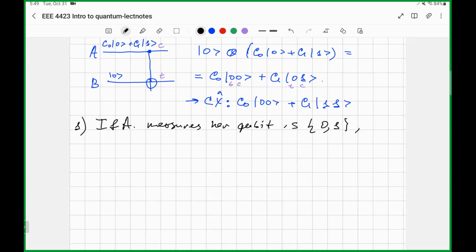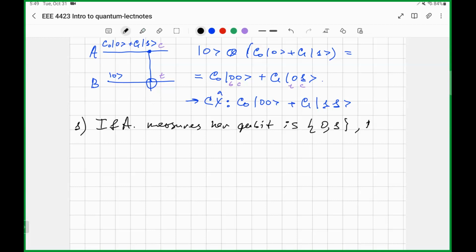After measuring this state in the basis 0, 1, the state collapses to either state 00 or state 11, right?